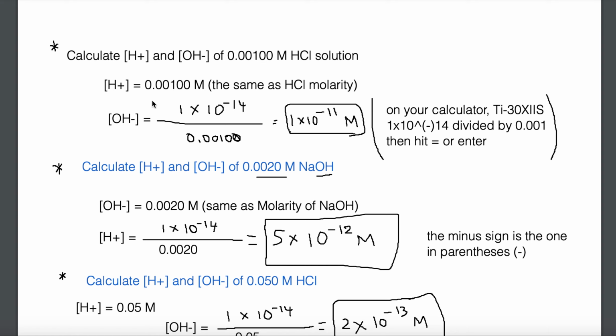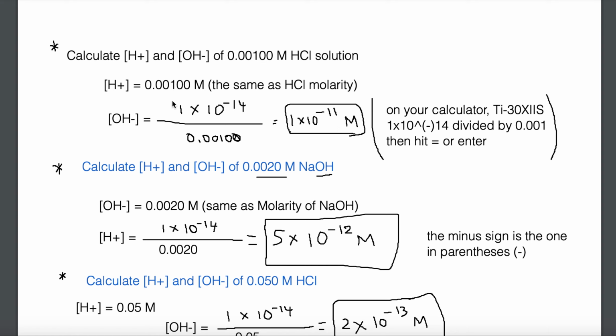Notice that the H plus multiplied by OH minus is equal to 1 times 10 to the minus 14. That is a fixed number. That's called Kw. Okay, so if you know the concentration of one, H plus or OH minus, you put that in a denominator and you will get the other concentration.